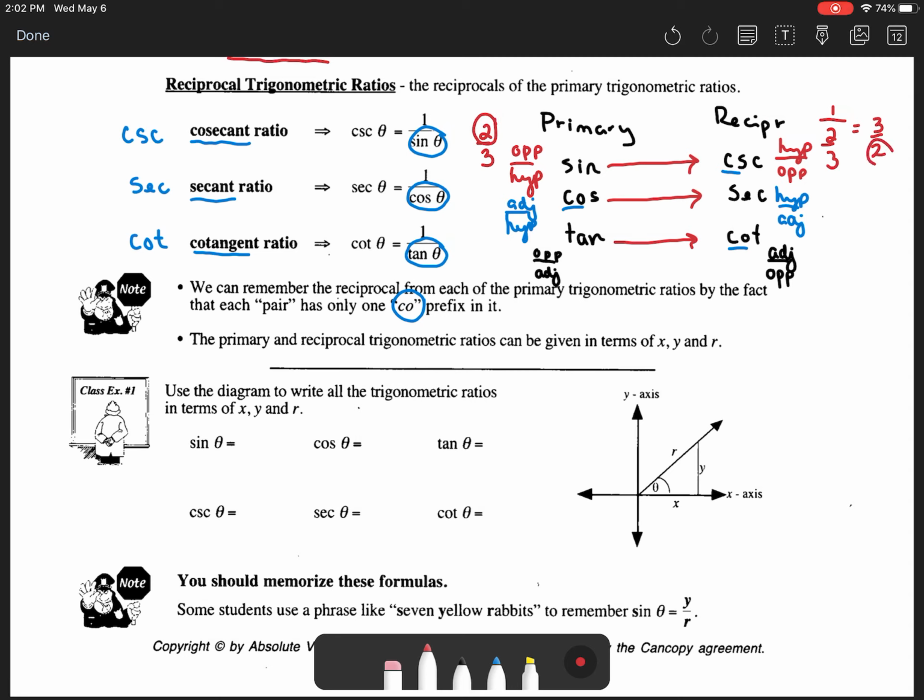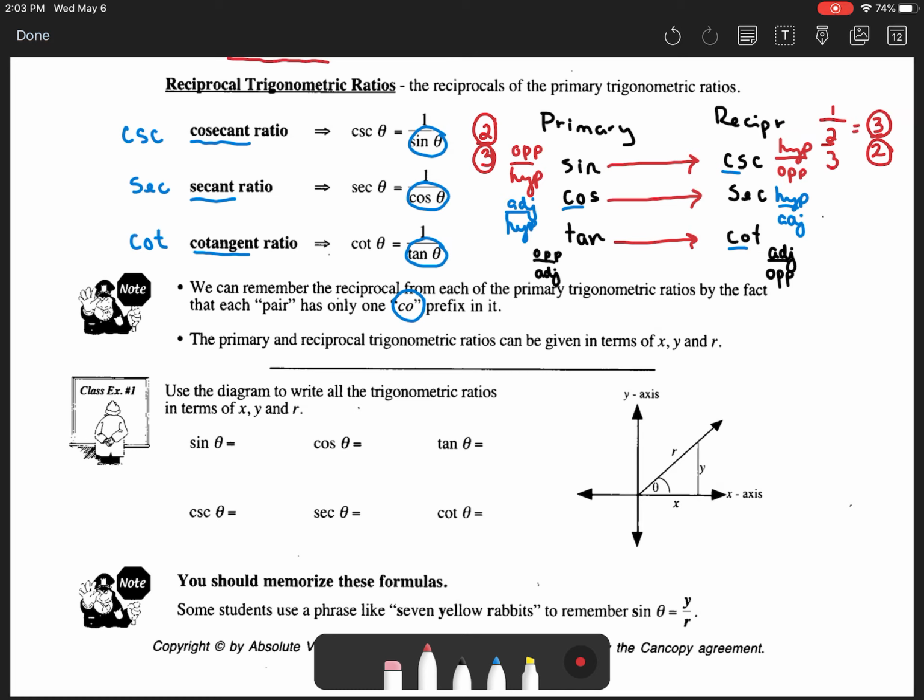The numerator became the denominator, and the denominator became the numerator. We're going to run into some trouble moving forward where we have to rationalize the denominator, which you learned in Math 20, but we'll deal with that when we get there. For right now, you need to know the reciprocal trig ratios are 1 over the primary trig ratios.